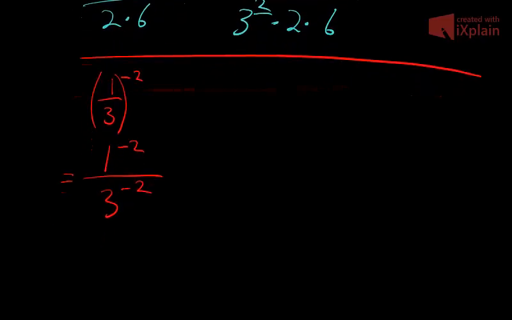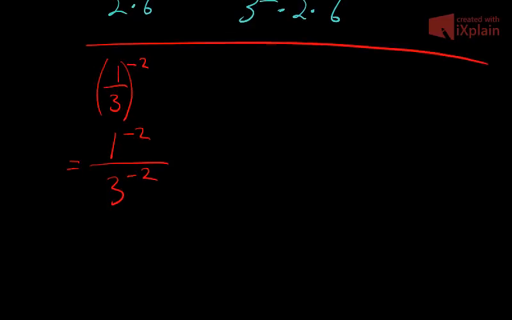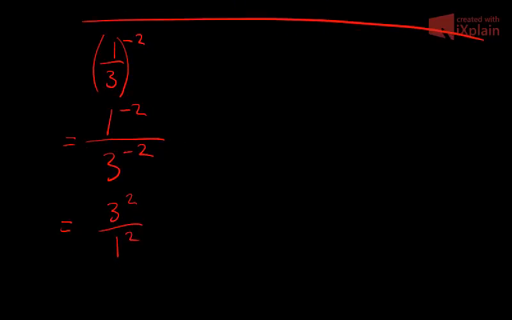And we can make those positive exponents by flipping what side of the fraction they're on. So that's going to be 3 squared over 1 squared, which is equal to 9 over 1. And that, of course, is just 9.